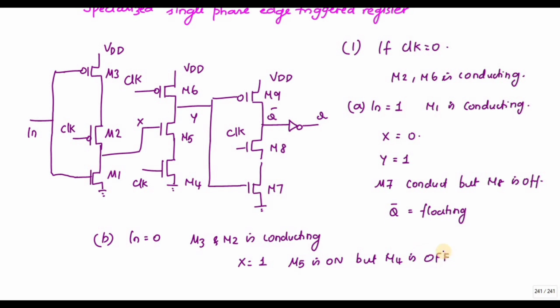Y value is 1, so again Q bar is floated. That is the hold mode. But you can see the input value is inverted and it is in the X.